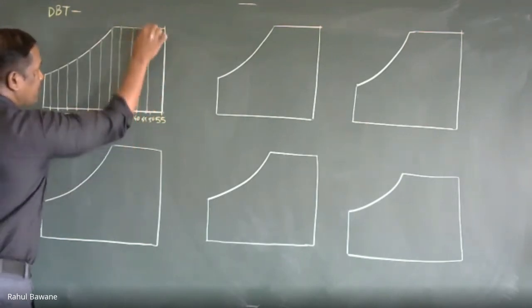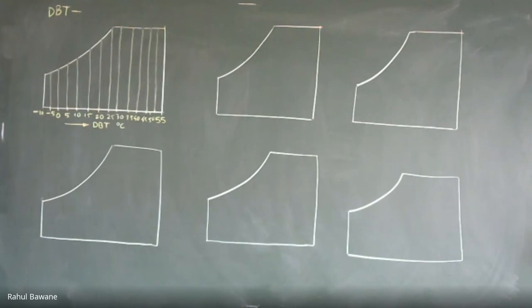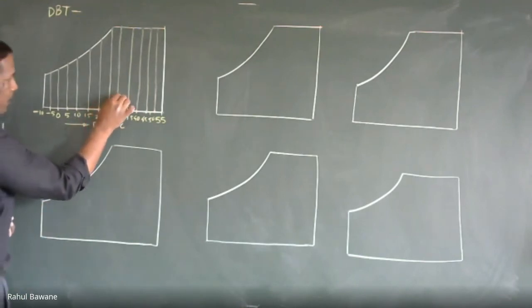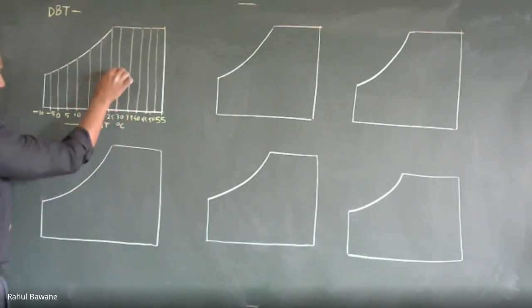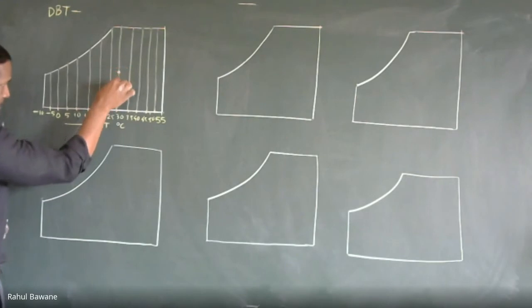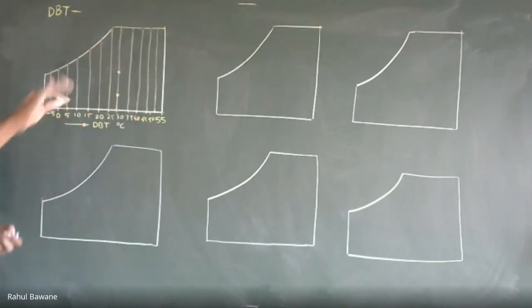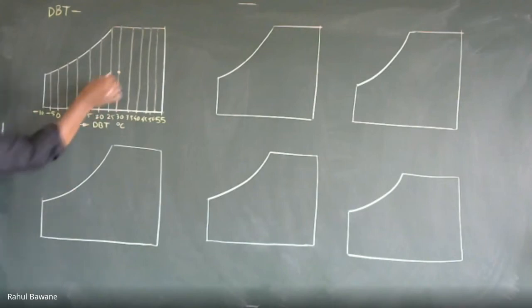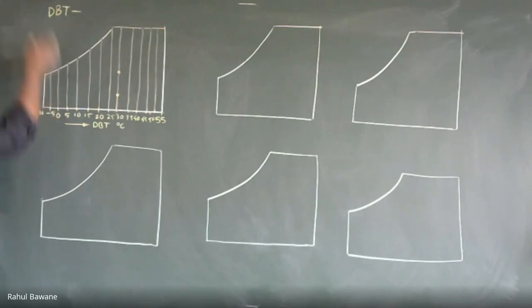So these are the vertical lines representing dry bulb temperature. Now imagine I am at this point. So what is the dry bulb temperature? It will be 30 degrees centigrade. If I am at this point, again I measure the dry bulb temperature, it is 30. So along this vertical line, dry bulb temperature is the same. But if I shift left or right, then dry bulb temperature will be different. So all dry bulb temperature lines are vertical.